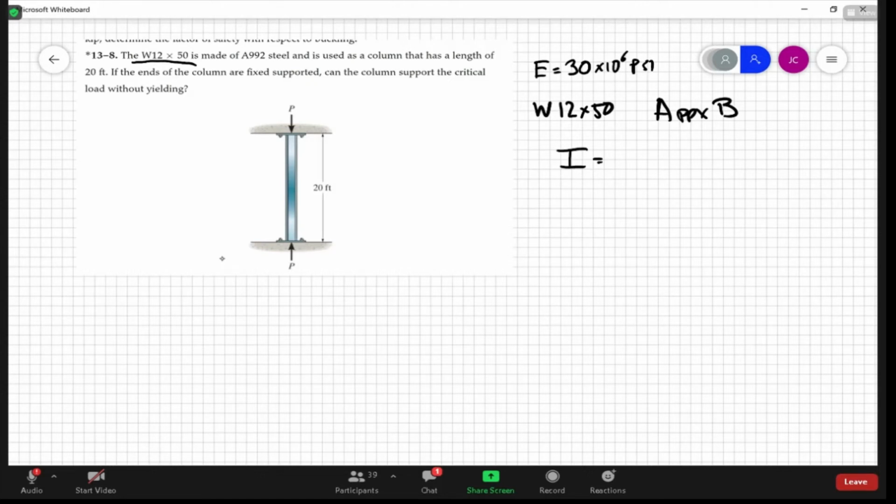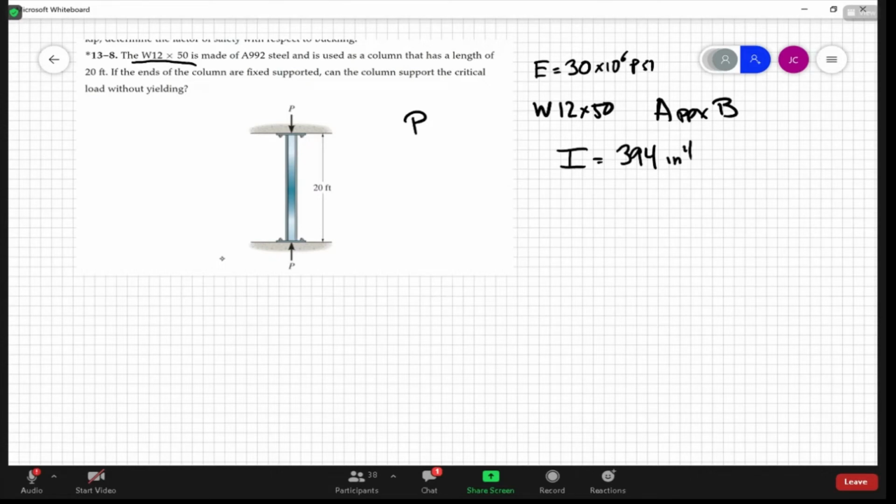It's 394 inches to the fourth. All right, so that's given from there. Okay, so here they want us to find what is the load P that this column can support without buckling.